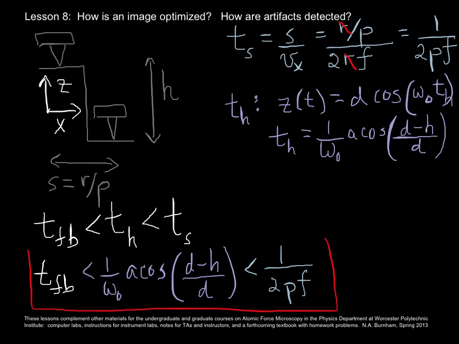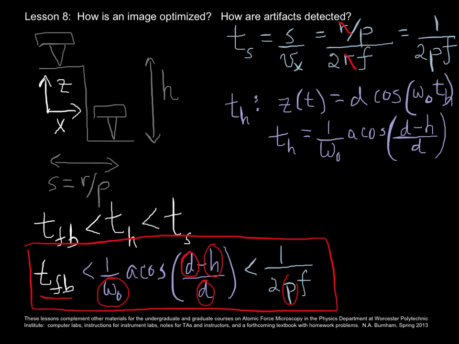So looking here at this final equation, we see that there's a lot in it. The feedback time is set by the gain. Here, the resonant frequency, that's from your choice of cantilever. The D's are your set point deflection. The H is the height of the features, that's your sample.